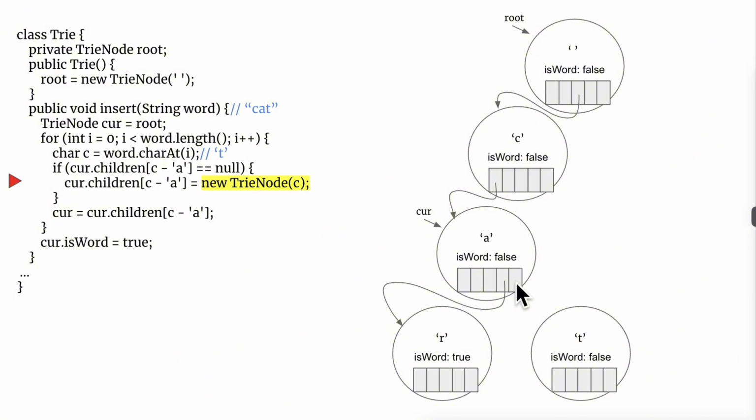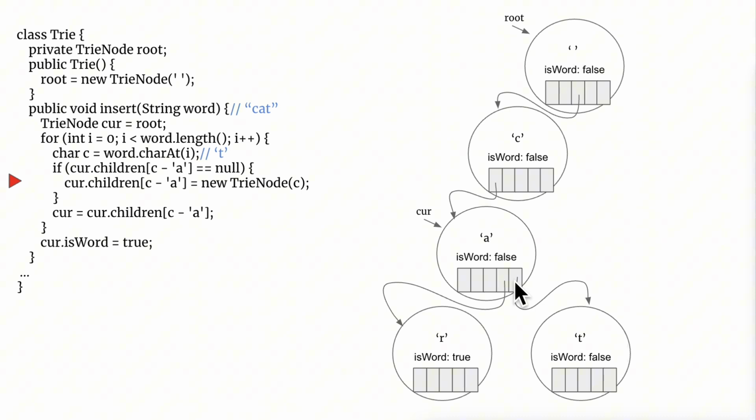So I'm going to create a new trie tree node. This time, my new trie tree node is created with character value T, along with default value is word set to false, and the default 26 sized array to store its children pointers. So we can store this new trie node's pointer reference into this index 19.